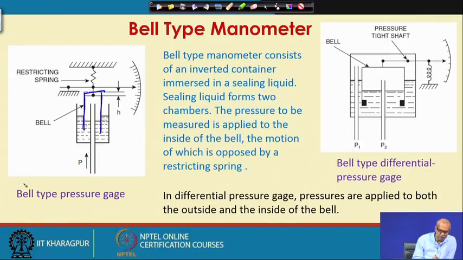First, let us consider this schematic. This is a bell type pressure gauge. So, it consists of an inverted bell. It is nothing but a container which is inverted, and immersed in a pool of sealing liquid.